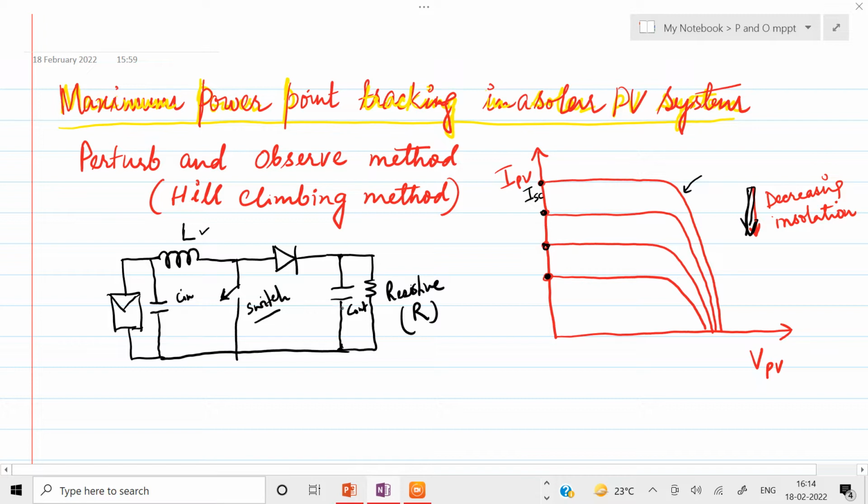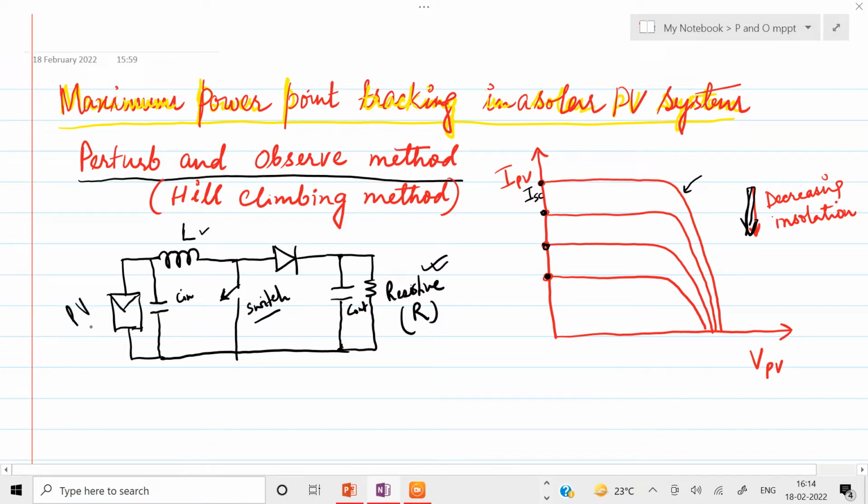I would more specifically be focusing on selection of this load, which is resistive in our case, and then I will move to the technique perturb and observe.